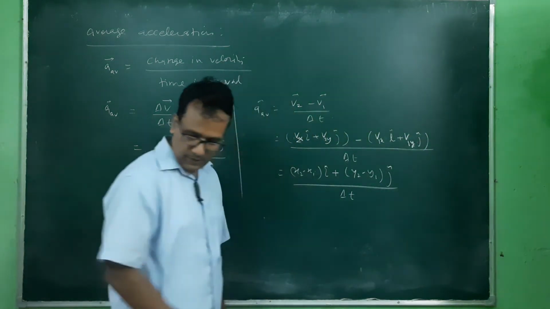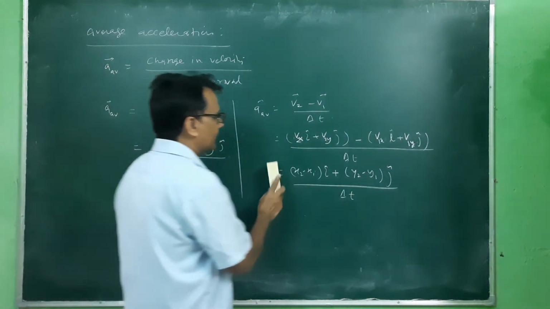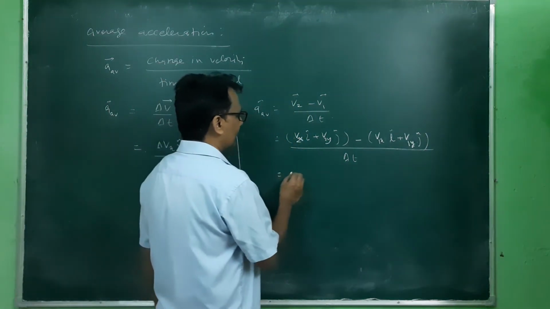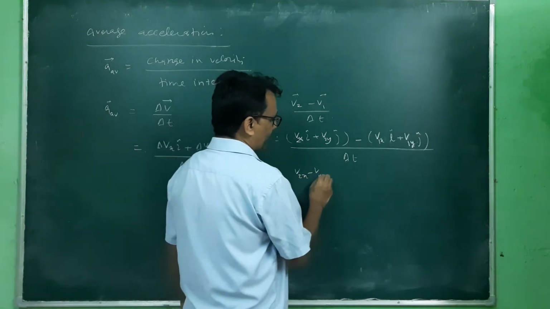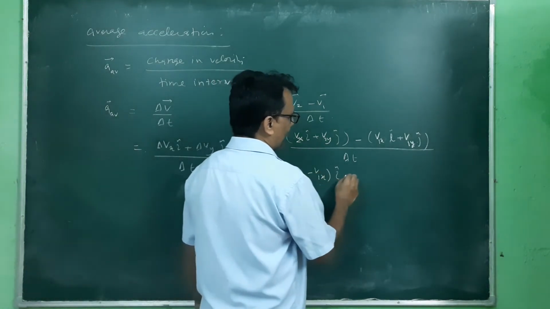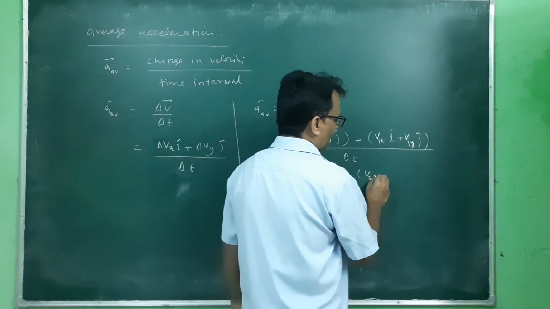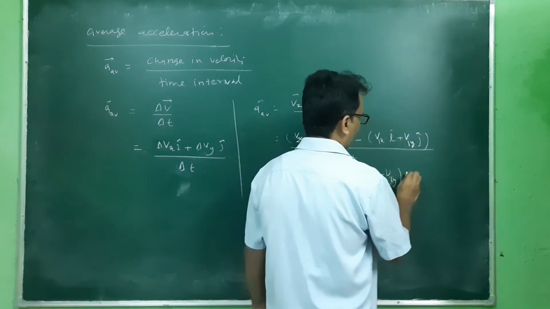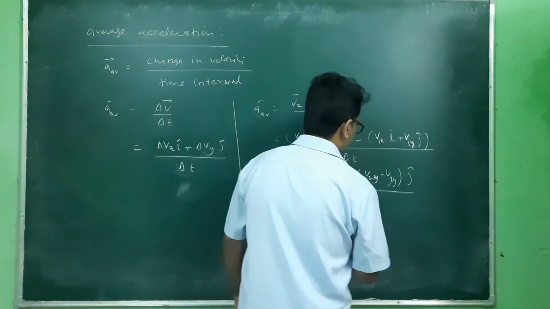You people don't tell me, is there no attention? So v2x minus v1x i plus v2y minus v1y j by delta t.